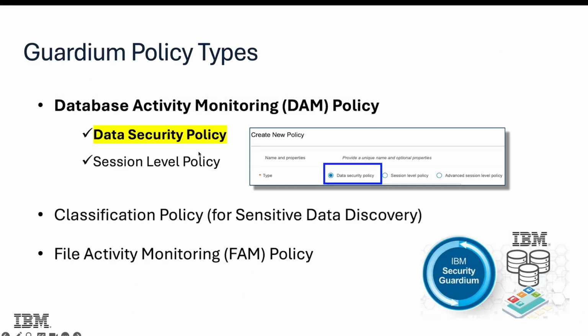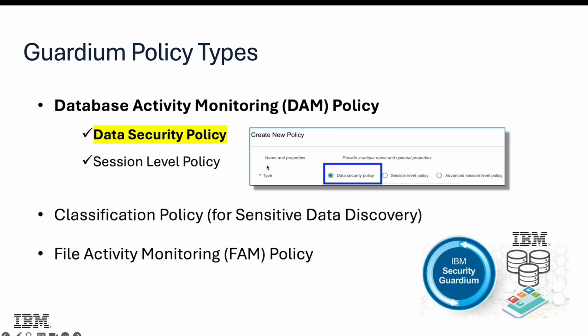Let's get started. If we're talking about policies in Guardium, different features support different policies. The most common one is Database Activity Monitoring Policy, or DAM policy for short. DAM policy has two types. One is Data Security Policy, the standard DAM policy, and this is our training's focus today. The other is Session Level Policy, which we may cover in future training.